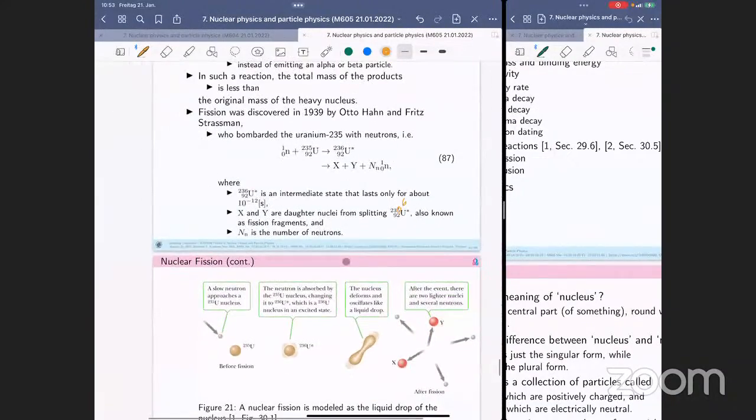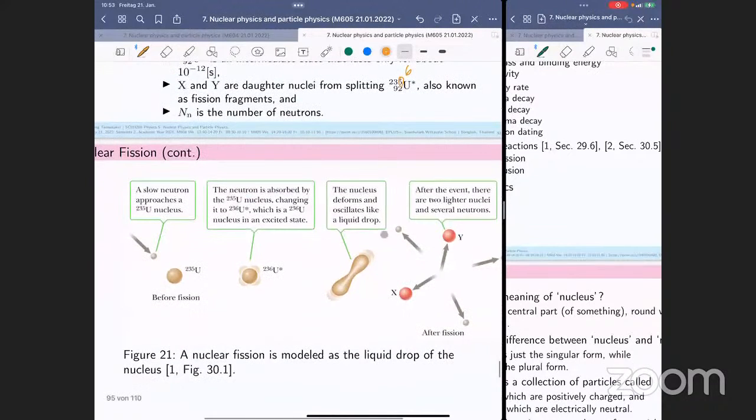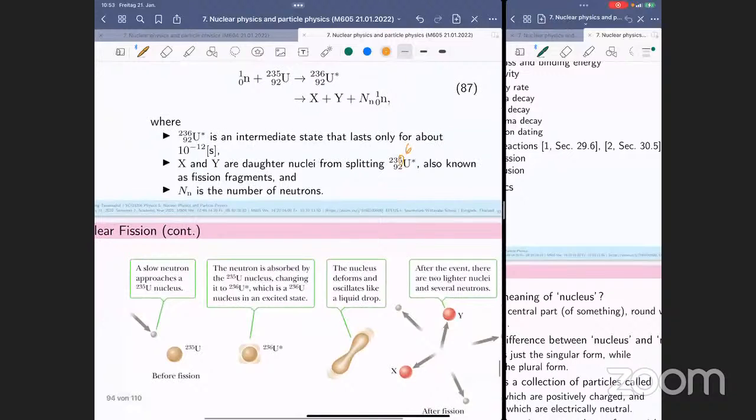And now we arrive at the picture version of that equation. This is the mathematical expression, or nuclear expression. We accelerate the neutron, but not to a very high speed. A slow neutron approaches the uranium-235. This is the nucleus of uranium-235, which is an isotope of uranium.